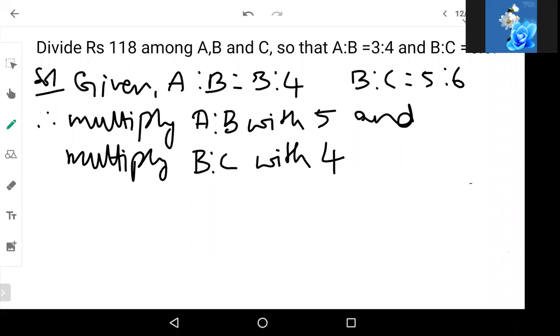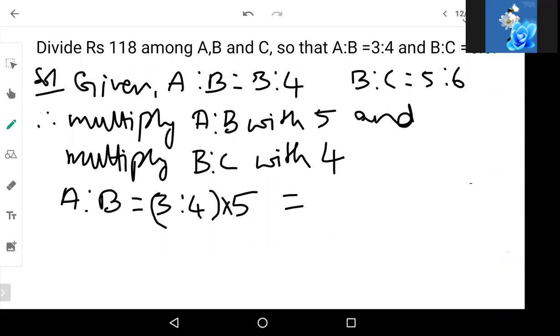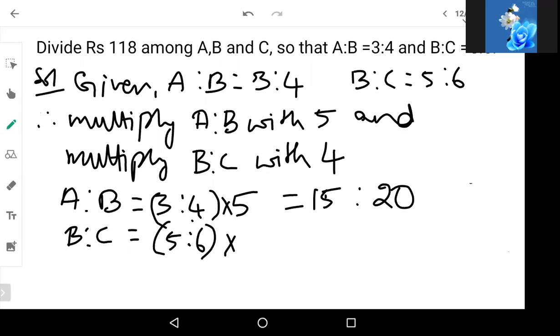And multiply the second ratio, that is B is to C, with 4. So now let us multiply. A is to B is equal to 3:4 into 5. So 3 5s are 15 is to 4 5s are 20. Then B is to C is equal to 5:6 into 4.